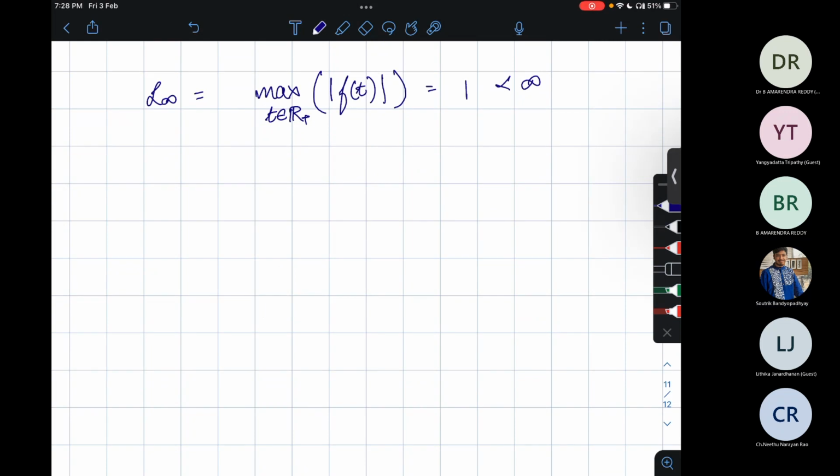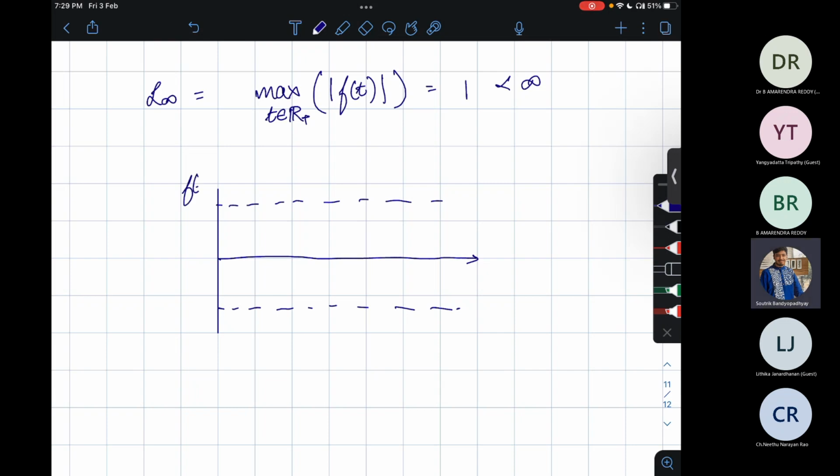Now, I want you to intuitively think, suppose there exists an arbitrary function. What does it mean to be L infinity in intuitive sense? L infinity implies that there exists a bound on this function. So f of t being L infinity implies that there is a bound on this function.